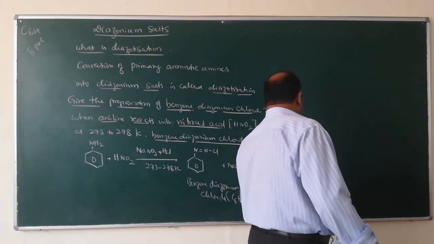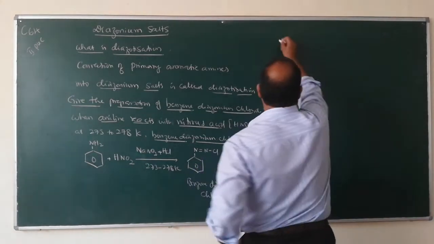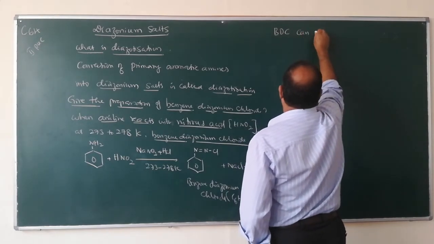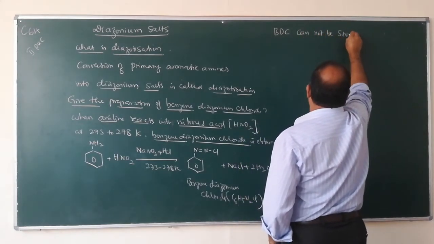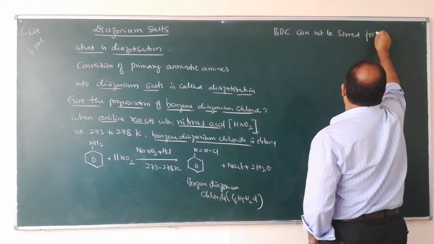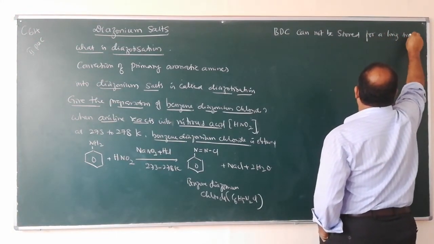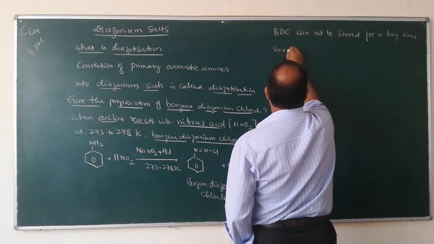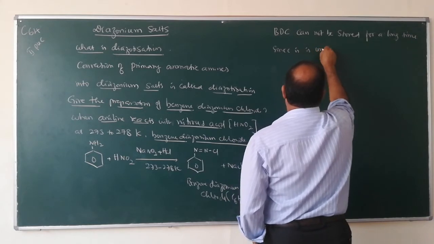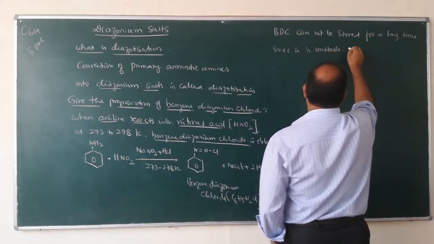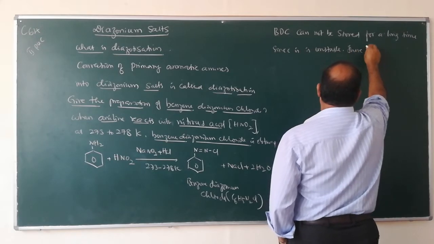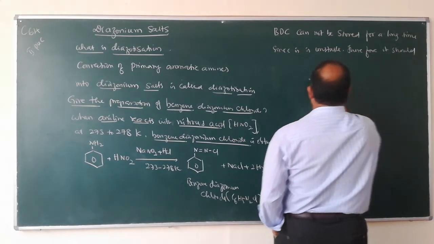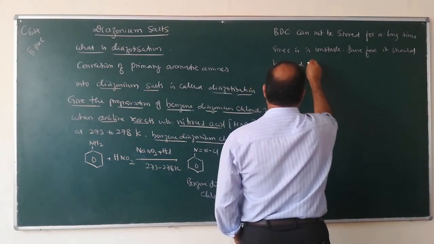So write down: benzene diazonium chloride cannot be stored for a long time since it is unstable. Therefore it should be used immediately.